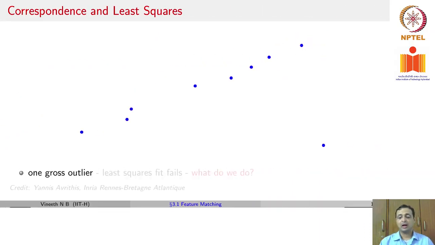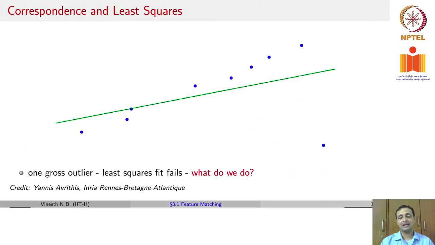However, if there are outliers in your matches, then the least squares fit fails and gives a very different answer compared to what should have been the right answer. So what do we do here?